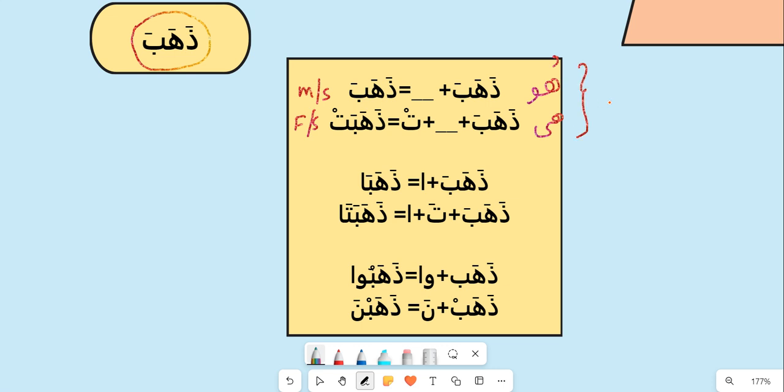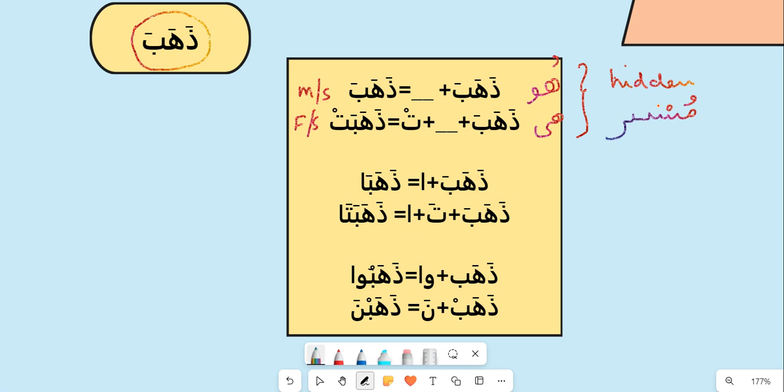So in huwa and here, remember, in the past tense, there are two damirs, two pronouns that are hidden in the past tense, and they are found in the ghaib group only, and they are called damir mustatir or hidden pronoun. So you can write in English as hidden or mustatir.